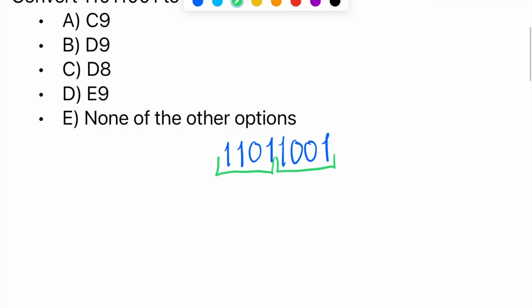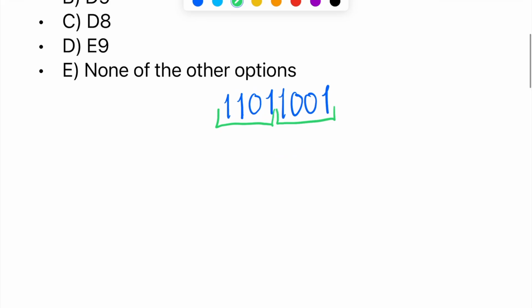This is a little neat trick I learned that I absolutely love. We draw a line and put 1, then to this 0 a 2, to this 0 a 4, and to this 1 an 8.